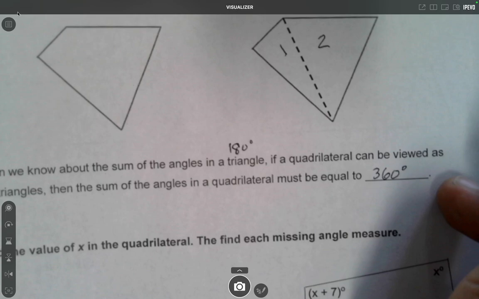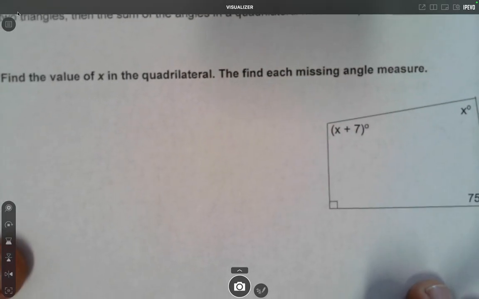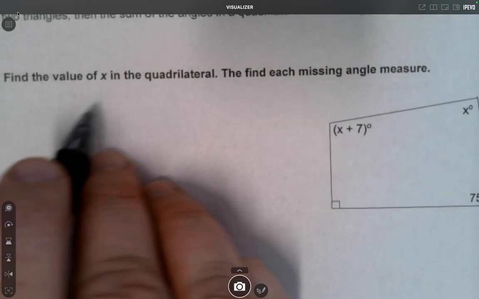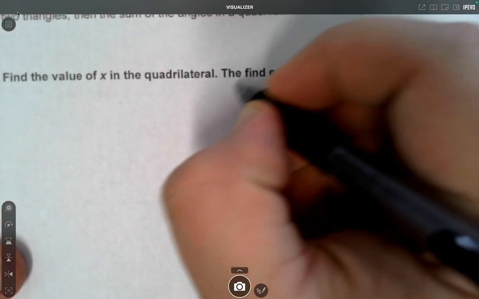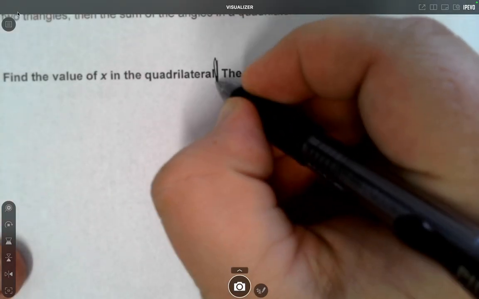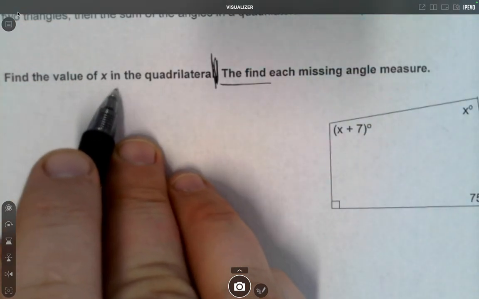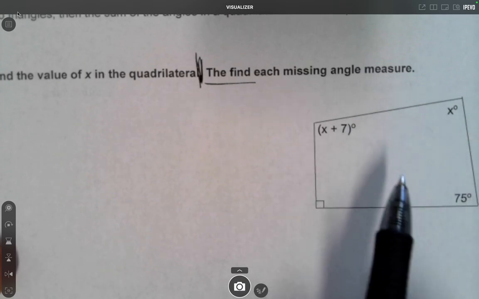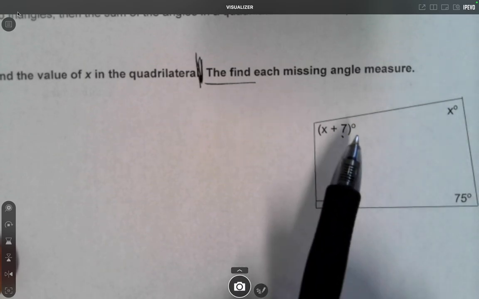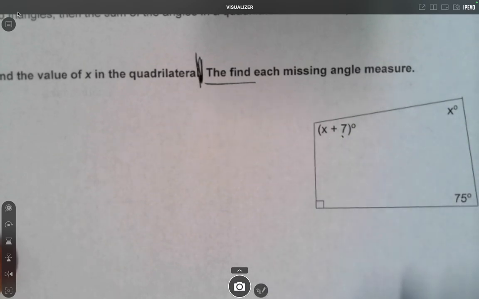So let's use that information about 360 on this first example. Find the value of x in the quadrilateral. Let's start there, but please note there's another instruction after that. But step 1, find the value of x. Well, we know these four angles have to add up to 360 degrees.